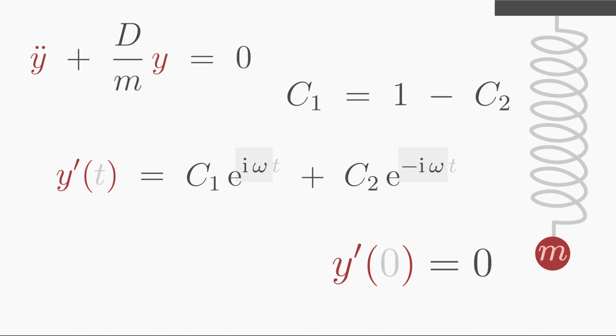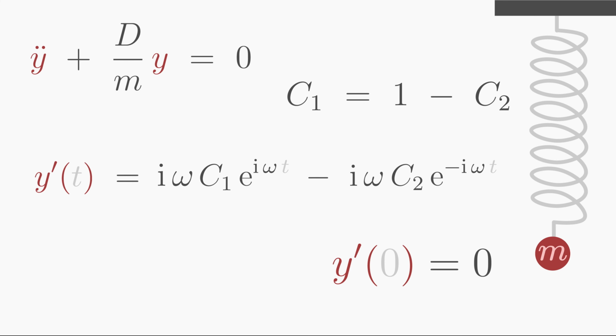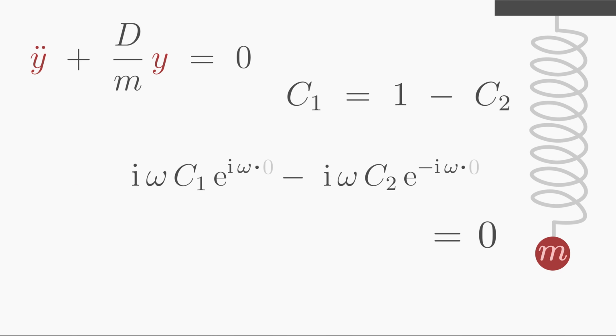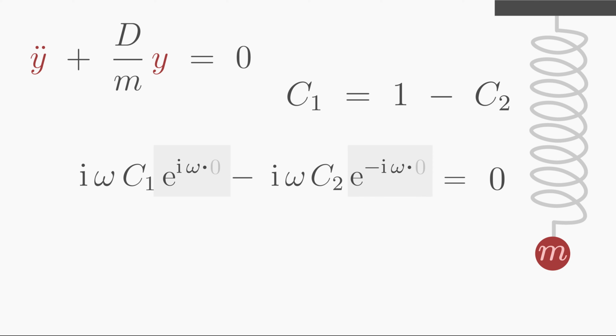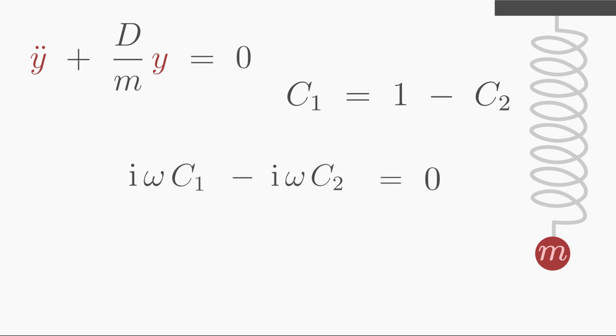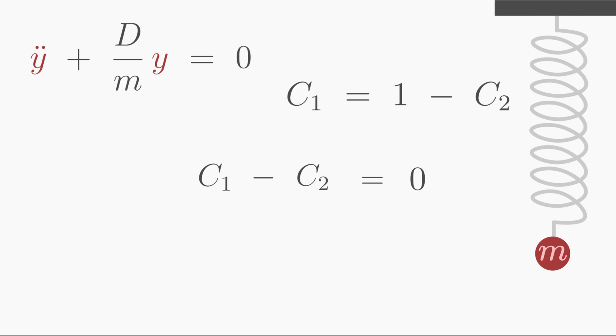The factor in front of t becomes a factor in front of the exponential function. And then we insert the second initial condition into the derivative. The exponential functions become 1 and the factor i omega cancels out. Rearranging for C2, we find out that C2 is equal to C1. So we know that C2 must be equal to C1.